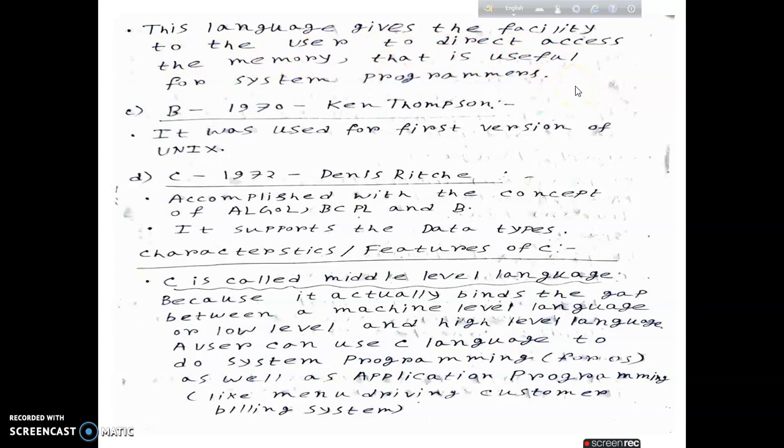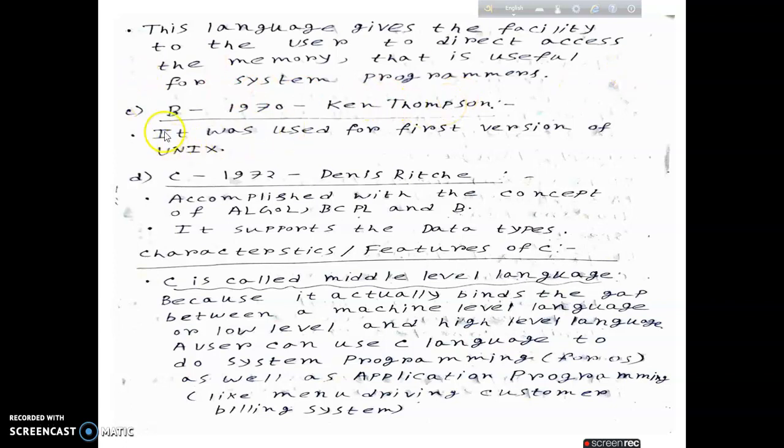If a language provides such a facility, through which we can easily communicate with or directly access the memory, then obviously that language is very useful for system programmers, meaning those who design the systems.